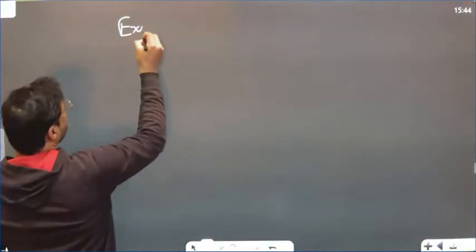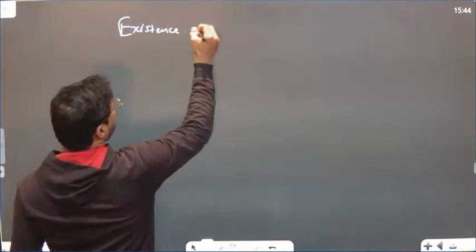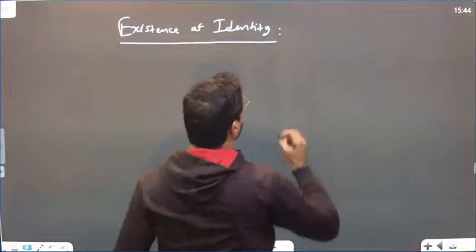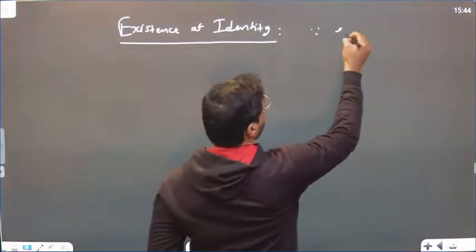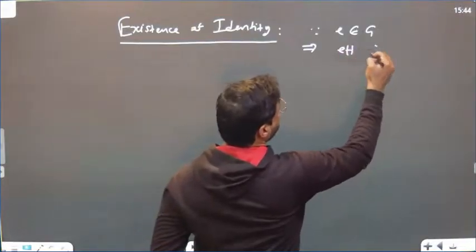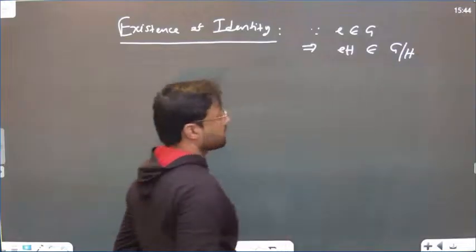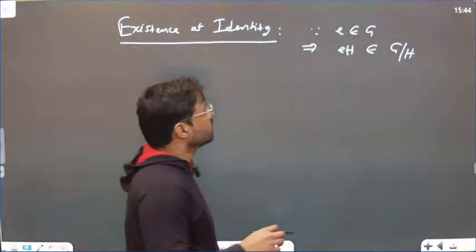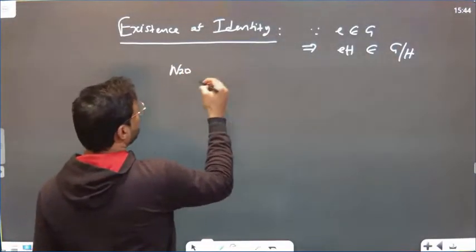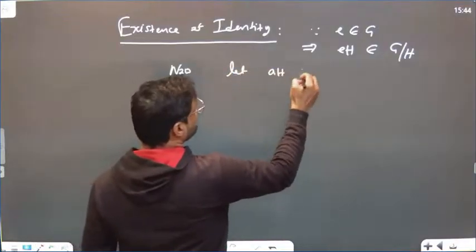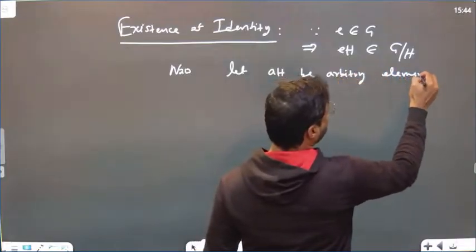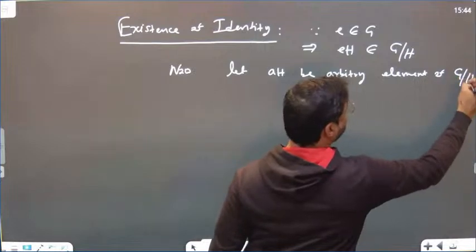So what about the existence of identity? Since e belongs to G, it implies that eH belongs to G by H. e is the identity of group G, so eH belongs to G by H. Now let aH be an arbitrary element of this set.